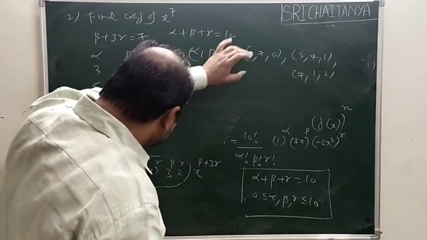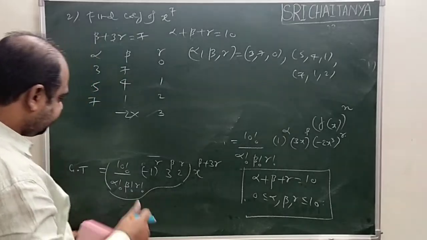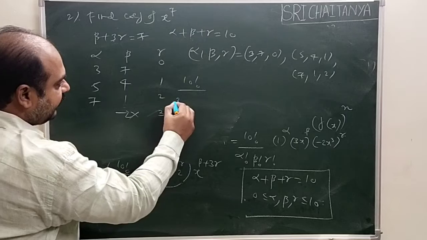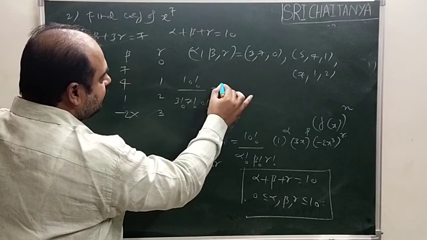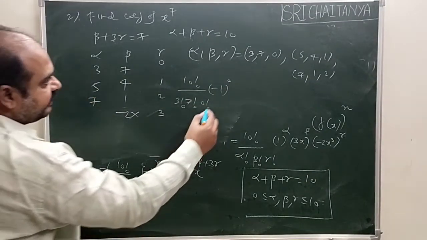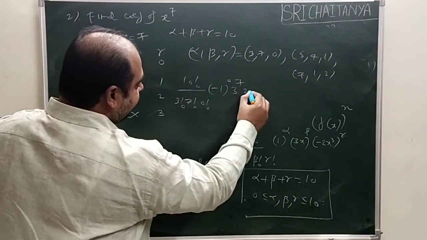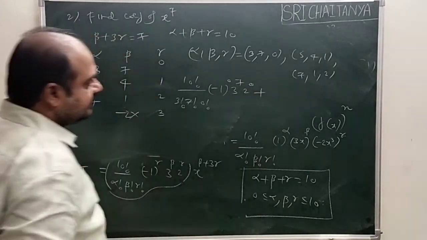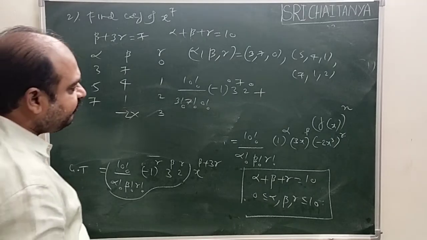For each triplet you substitute here, you will get one coefficient. That means for the first one, if you substitute, 10 factorial divided by 3 factorial into 7 factorial into 0 factorial into minus 1 whole power 0 into 3 power 7 into 2 power 0. Here you will get x power 7, no need to write that. Plus, next 5, 4, 1.